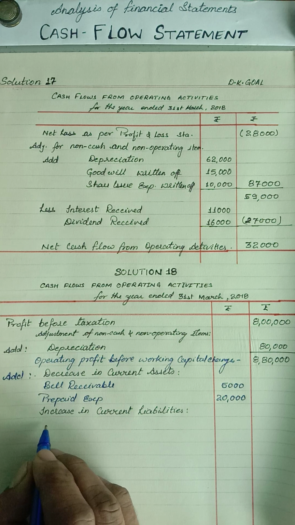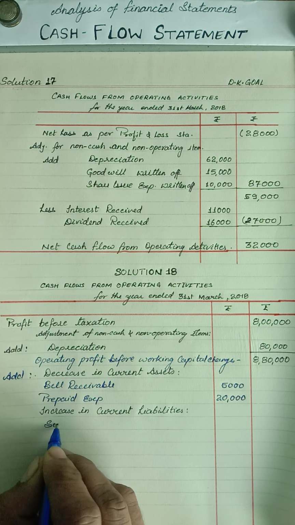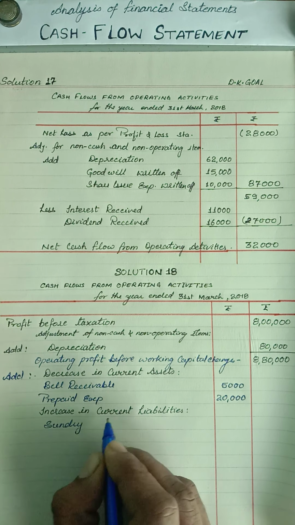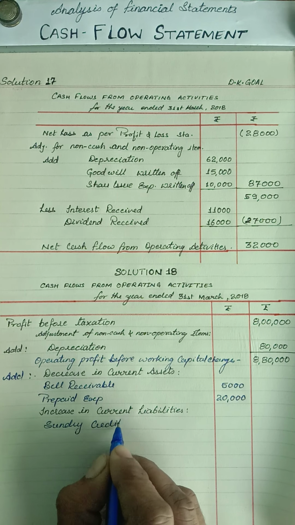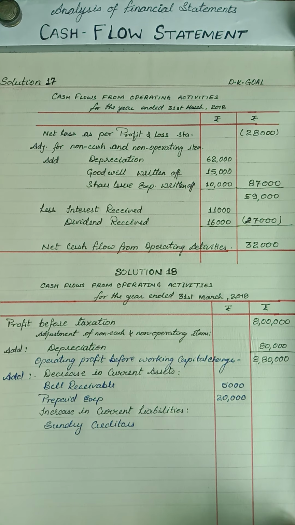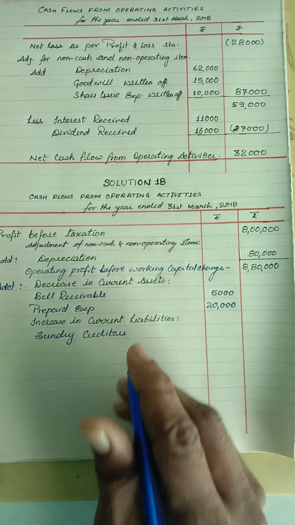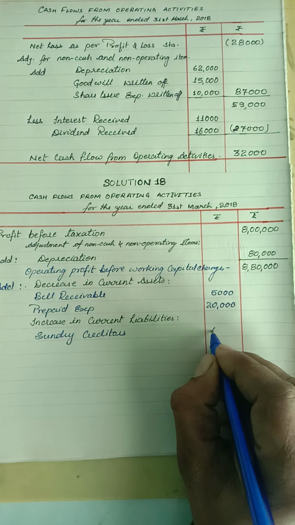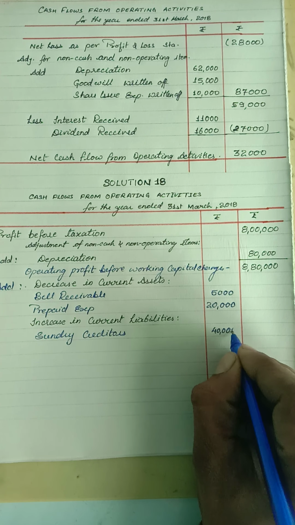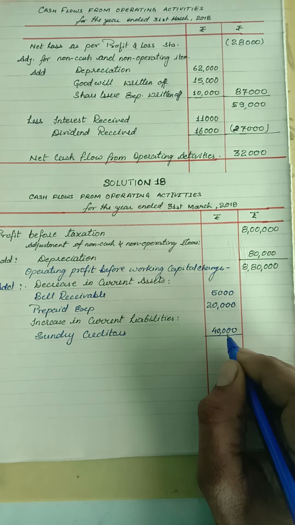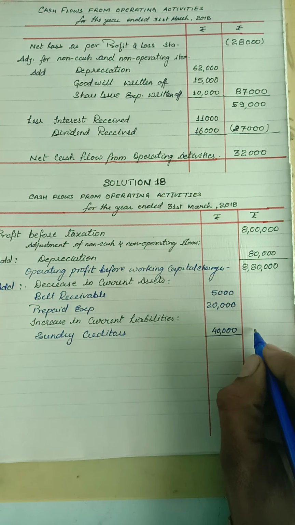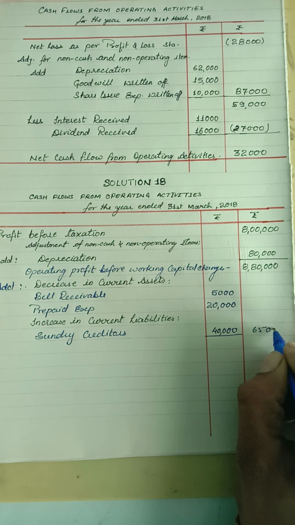So directly we will write here sundry creditors. I am going to shift the page up. Sundry creditors are 40,000 rupees. If first of all we add all this, 40, 50, 65, so we have 65,000 rupees to add.